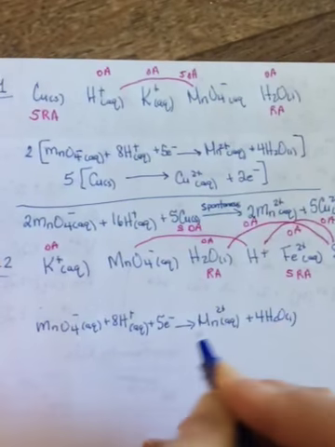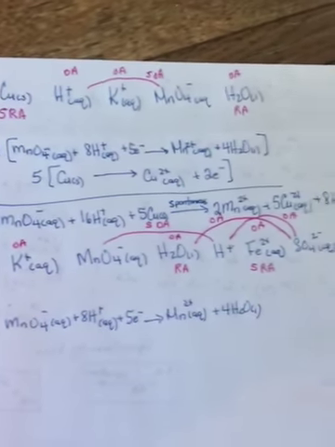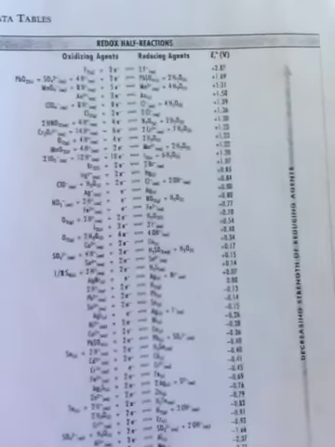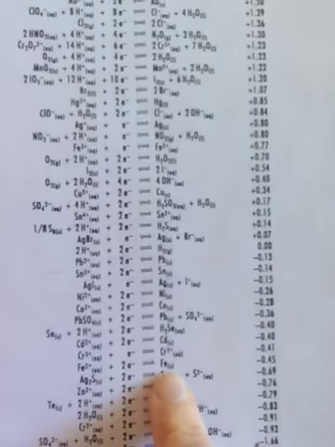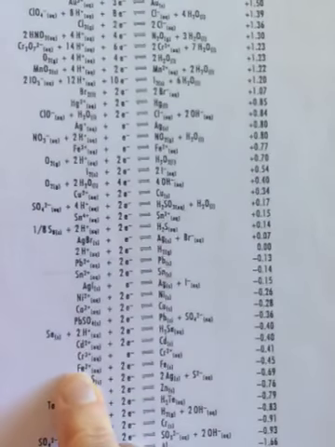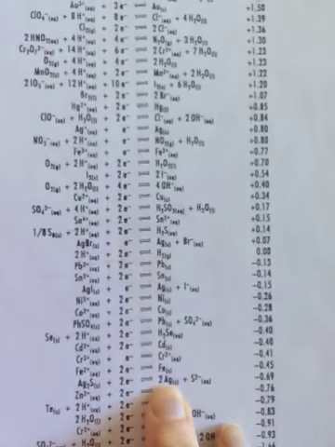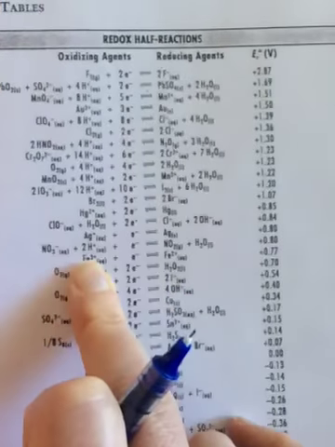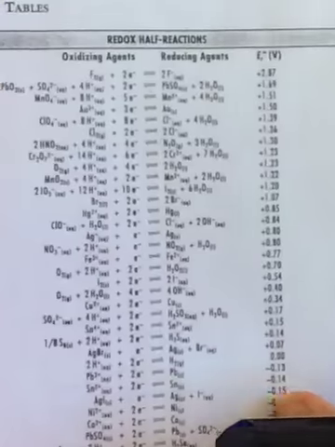All right, so that one was easy. We've already used it. You have to be careful with the iron. The iron is the one that's on the 2 positive iron. Remember, it shows up on both sides. But you can't use this one because it's on the oxidizing side. You have to use the one that's on the reducing side. Okay, you have to use the one that's the Fe2 positive going to the Fe3 positive.